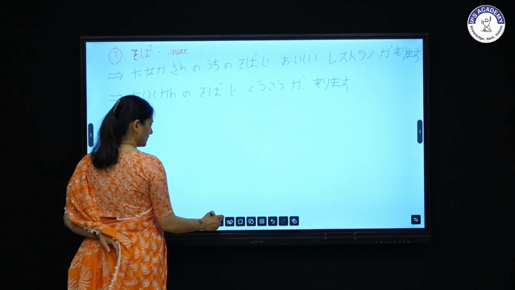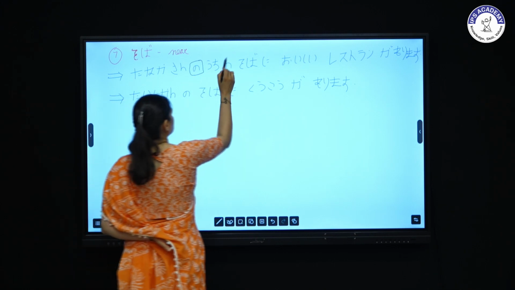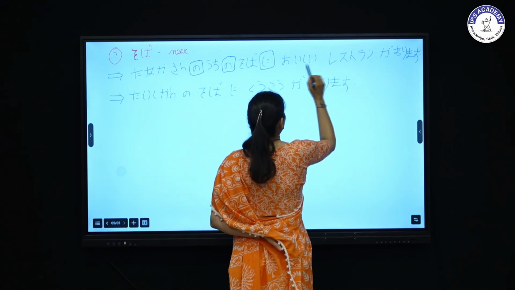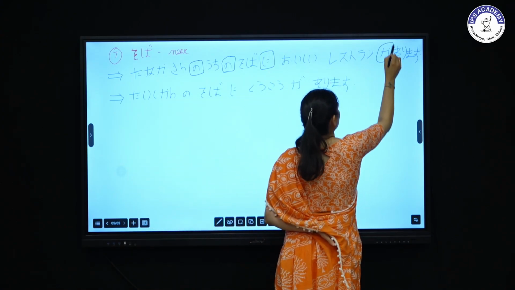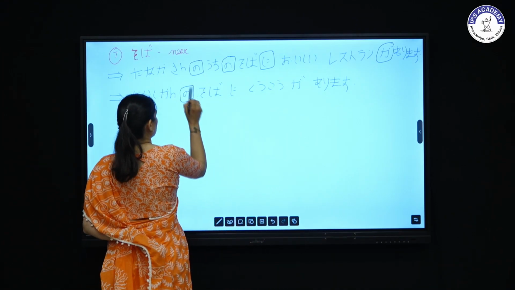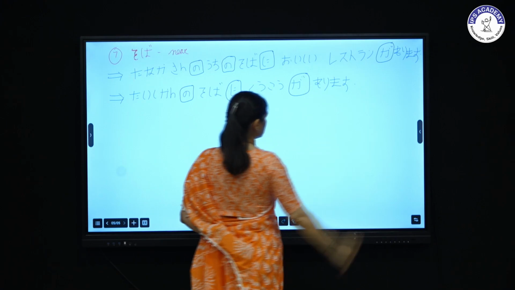Okay, let us understand both the sentences. Tanaka-san no uchi no soba ni oishii restoran ga arimasu. Next is Taishikan no soba ni kuukou ga arimasu.